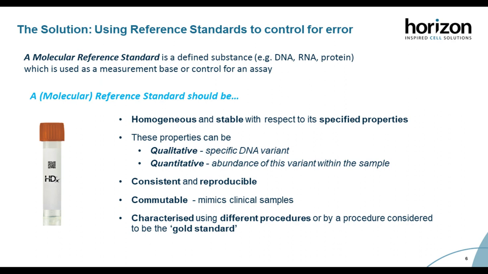The reference standard should be consistent and reproducible between batches, and possibly most importantly, it should be commutable, which means that it should closely mimic real clinical samples. Finally, reference standards should be characterized using a number of different procedures or by a procedure considered to be the gold standard. And at Horizon, we predominantly use digital PCR.